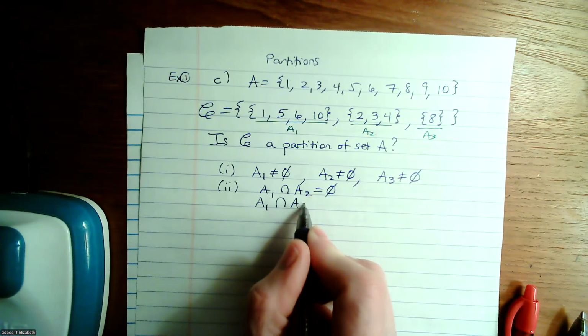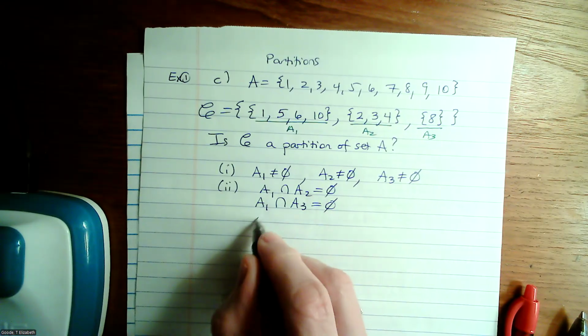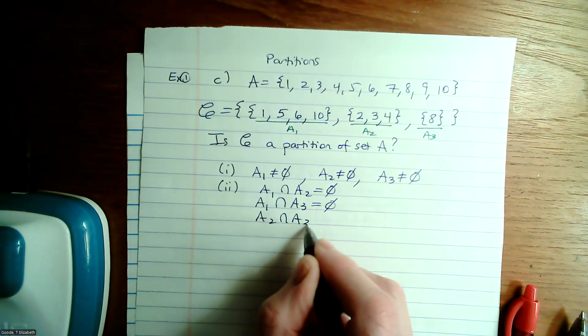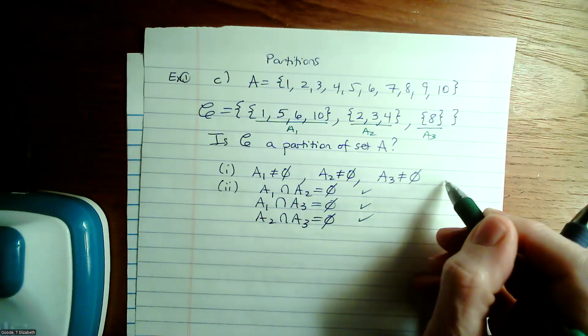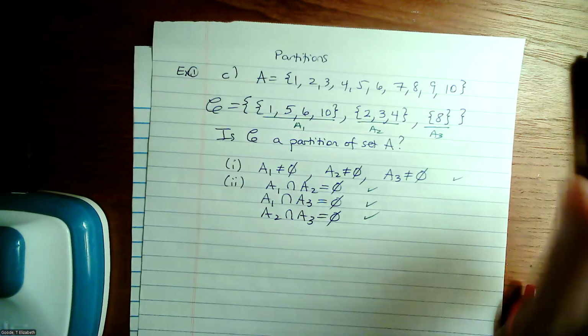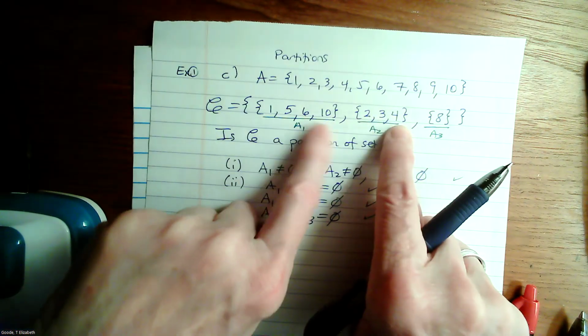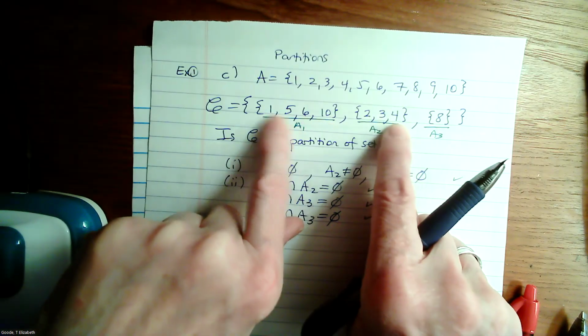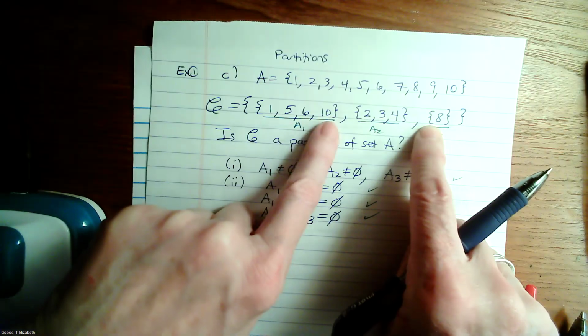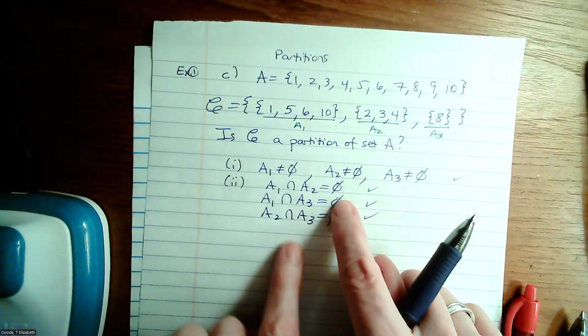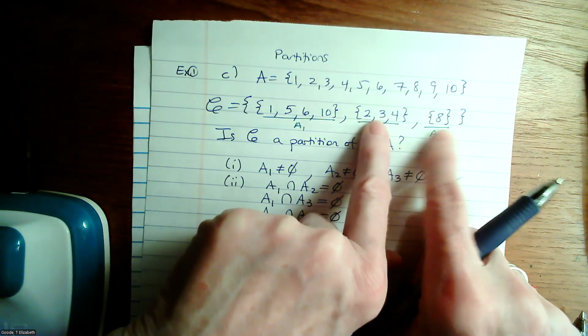A1 intersect A3 is empty. A2 intersect A3 is empty. Check me on that. Is it true? Are there any elements in common to A1 and A2? Nope. Any elements in common between A1 and A3? Nope. So it's empty. A2 intersect A3?